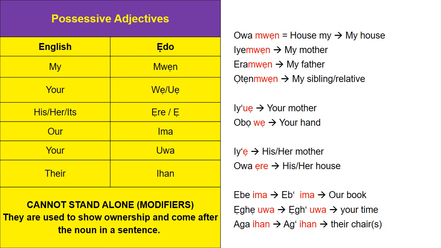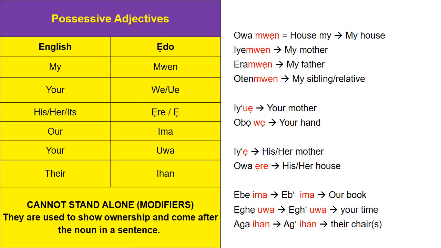It's basically when a word ends with a vowel and the next word that follows starts with a vowel, the vowel at the end of the first word is dropped in order to avoid a disruption. So ebe ima: you can see there's a short pause there, but ebima is smoother.